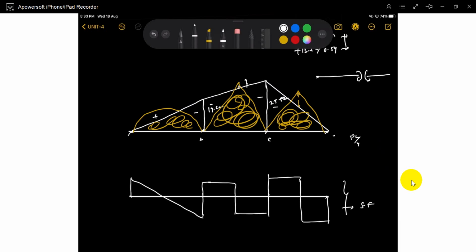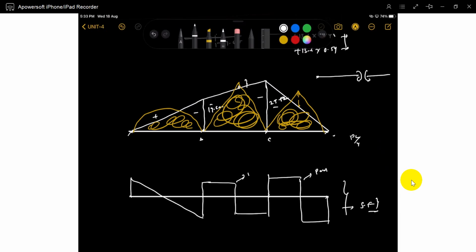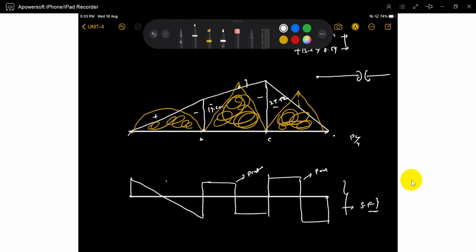This is a shear force diagram. You can find out the values, very simple. You can write it, because see, these are point loads and this is a uniformly distributed load. UDL will come like this, point load will come like this. You already know it. That's the end of the story.